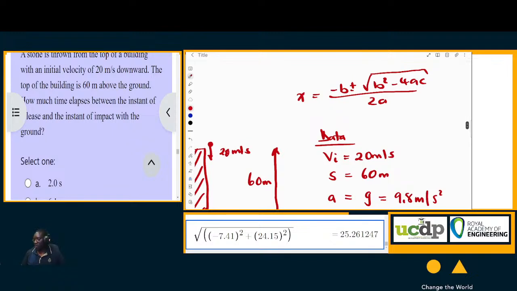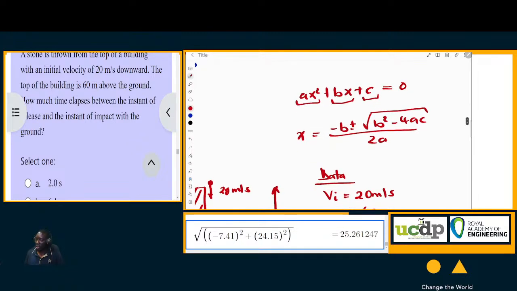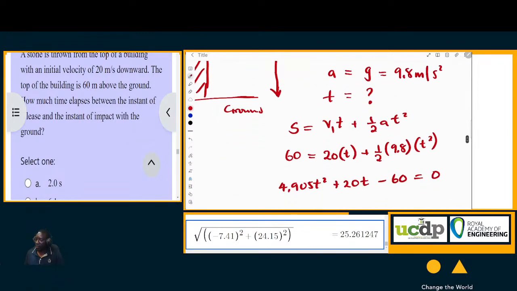So this is basically a result of, if you have an equation ax squared plus bx plus c equals 0, then your coefficient of x squared is your a, coefficient of x is your b, and the constant without the x is your c. Then you can plug in to get the value of the unknown x from those coefficients.